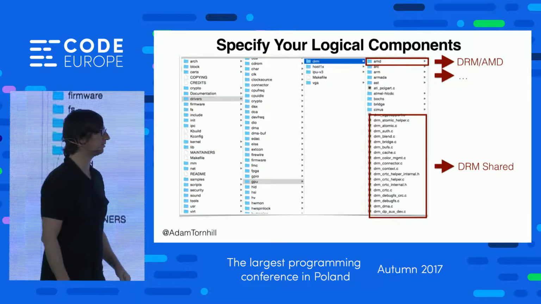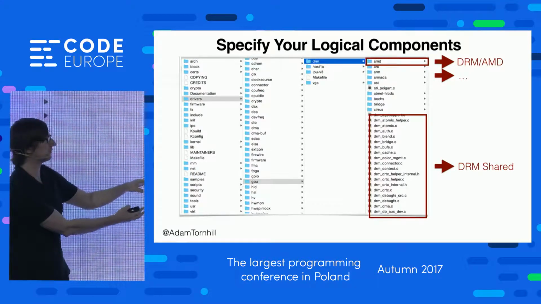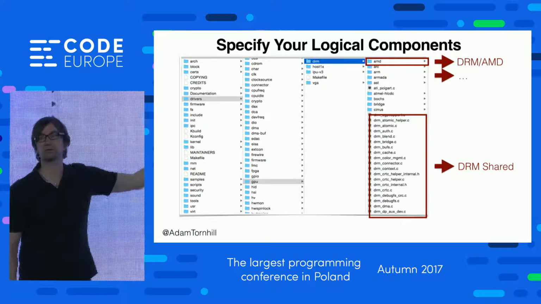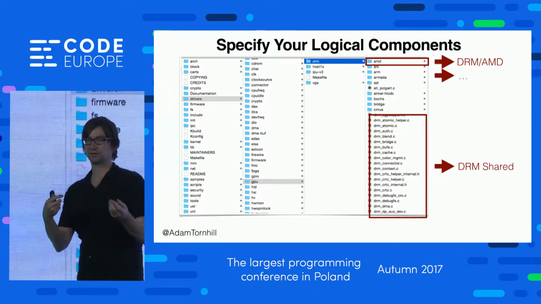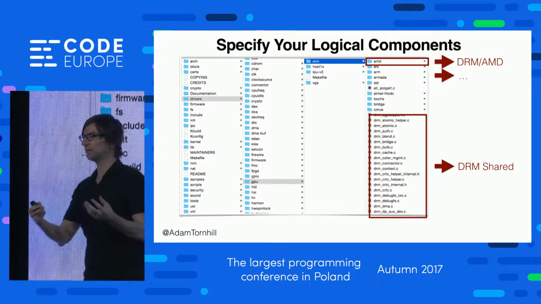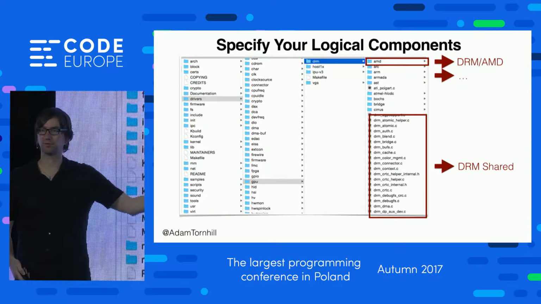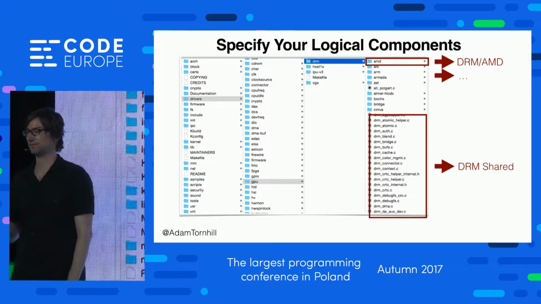So the way I do this is that I take groups of files and aggregate all their contributions together. And in many code bases, you can basically just follow the folder structure of your code base, because it typically carries some kind of architectural significance for you. And once you have done that, we can start to measure things on the level of logical components. Let me show you a few examples and try to clarify this.